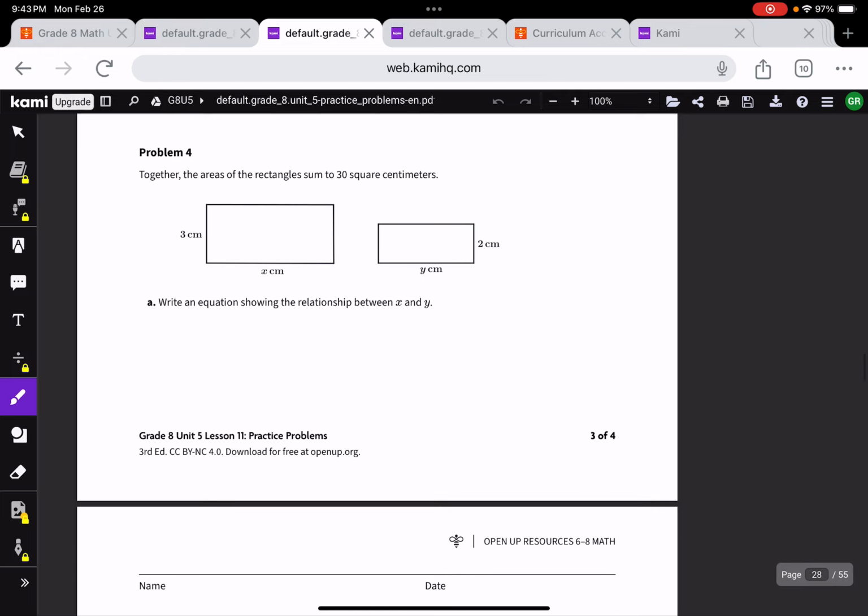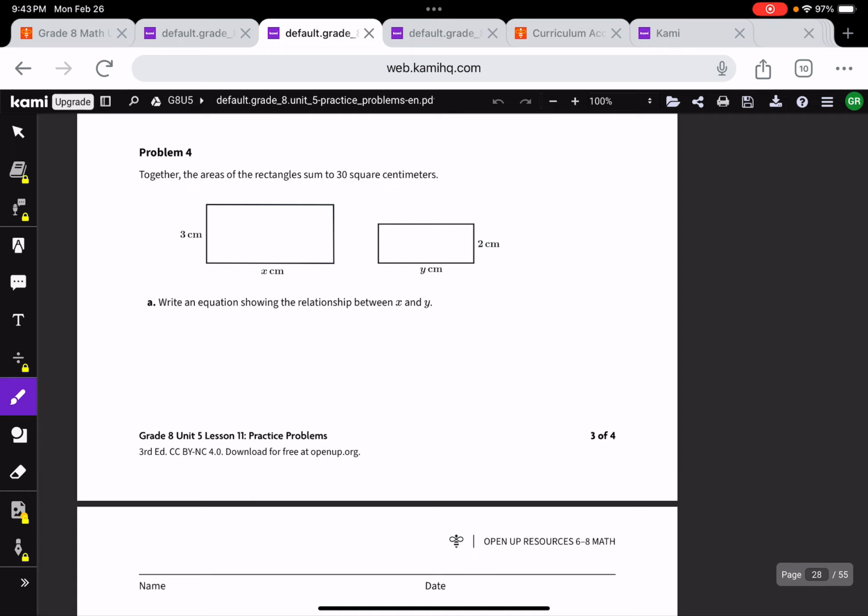And problem 4, together the areas of the rectangles sum to 30 square centimeters. Write an equation showing the relationship between X and Y. Together the areas of these rectangles sum to 30. So that means the area of the first rectangle plus the area of the second rectangle is 30.